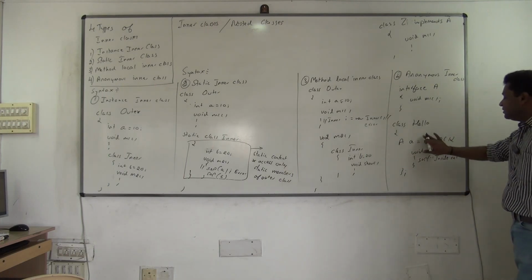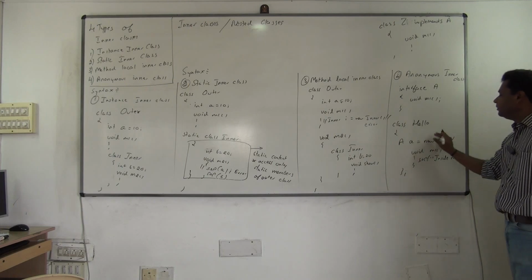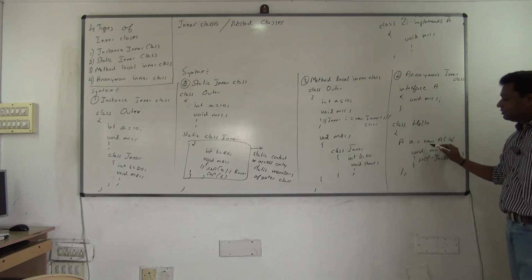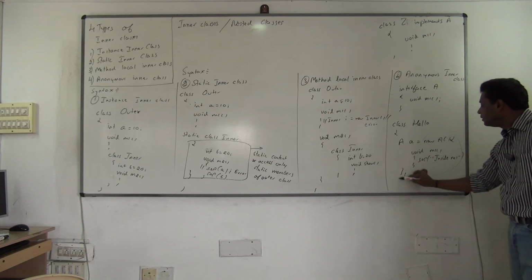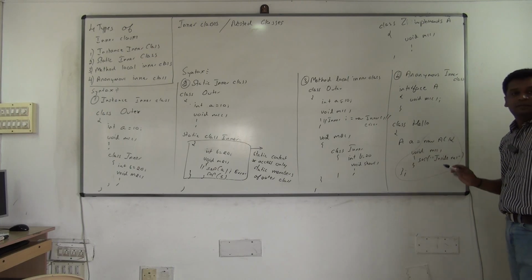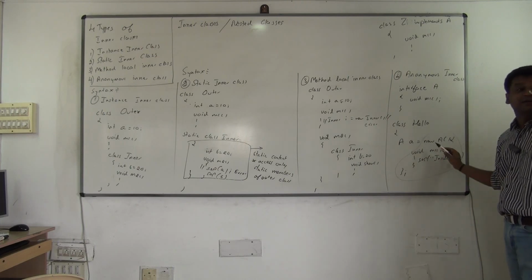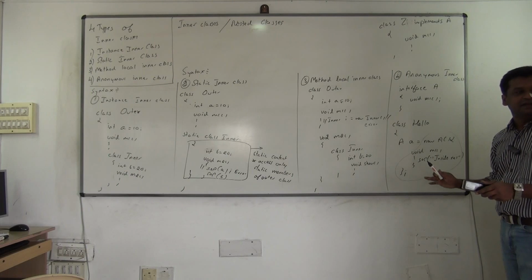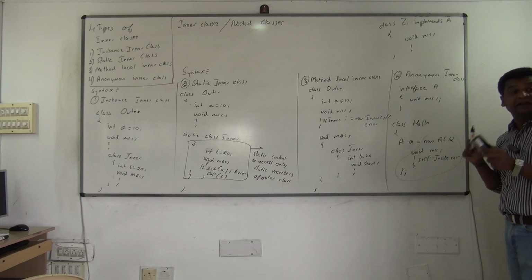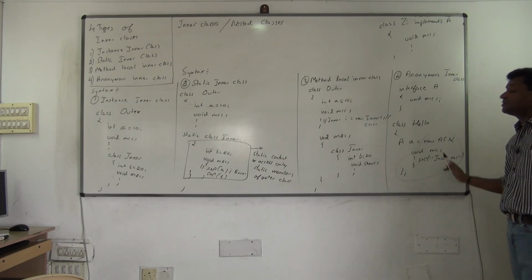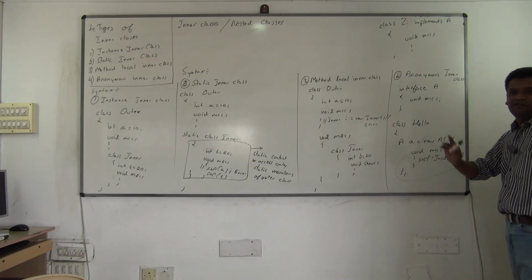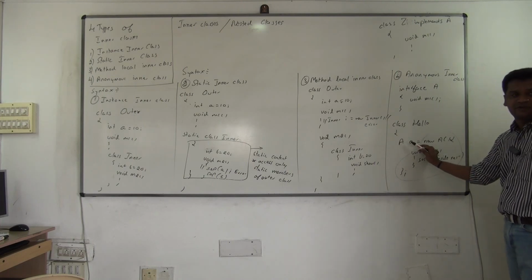A is equal to new A. Treat this entire thing as an object with implementation. It is not the name of a class. You are directly doing the implementation, creating the object, and assigning the address of the object to this reference variable. So A is actually an instance variable.